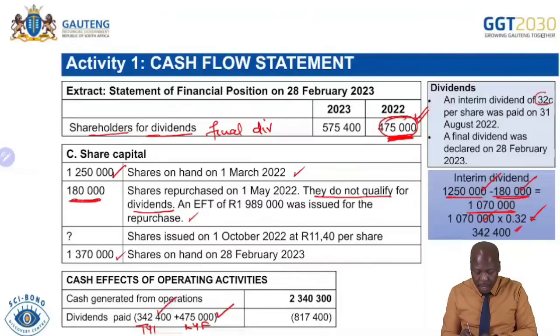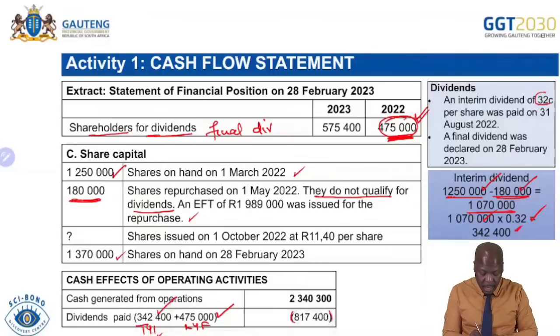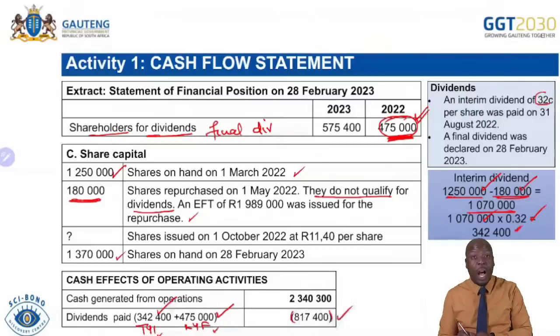And remember, it is also a cash outflow. Remember, we spoke about the brackets. Very important, dear learners, that you remember this. You can do it this way: this year's interim plus last year's final. These are the dividends that we have paid, and they will be shown as a cash outflow.